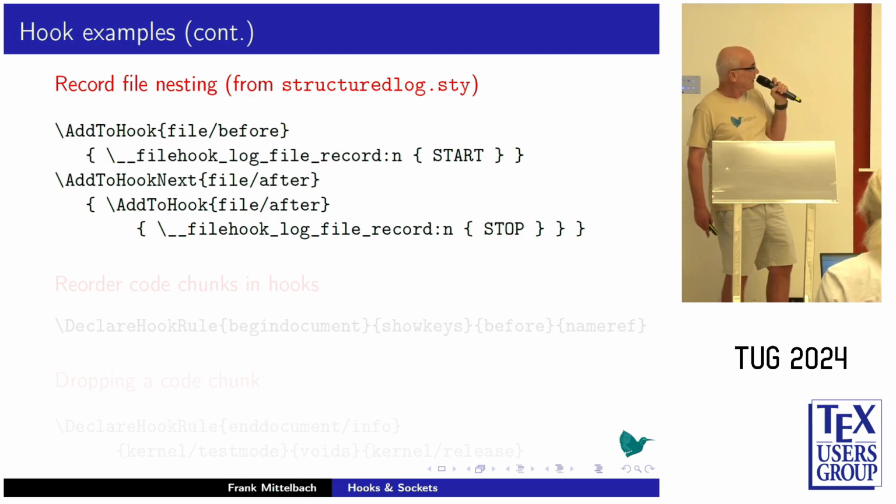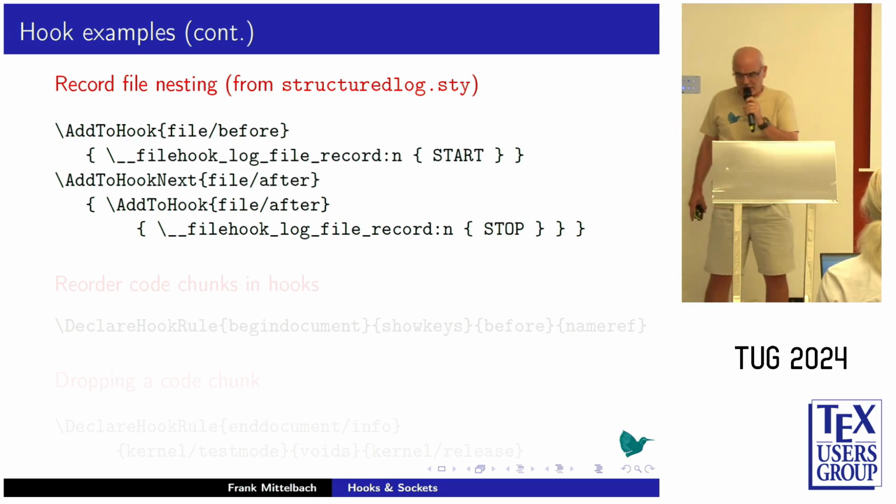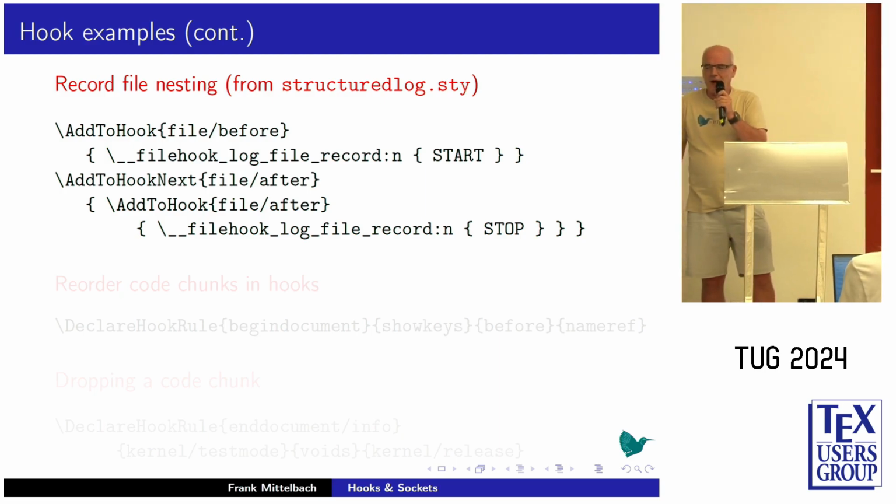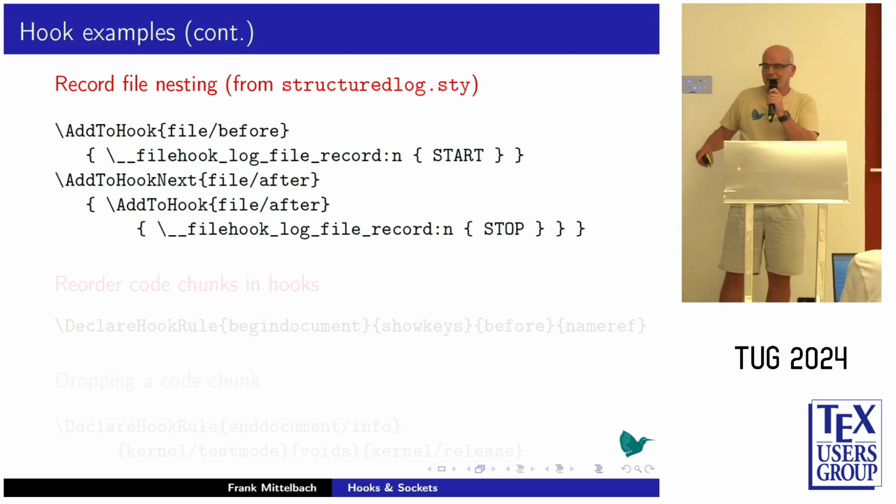Now you might wonder why this is sort of wrapped in another hook. The reason is very simple. When the package is loaded, and this is inside a package, and we would just say add to hook file after, then at the end of the package, the package file ends.